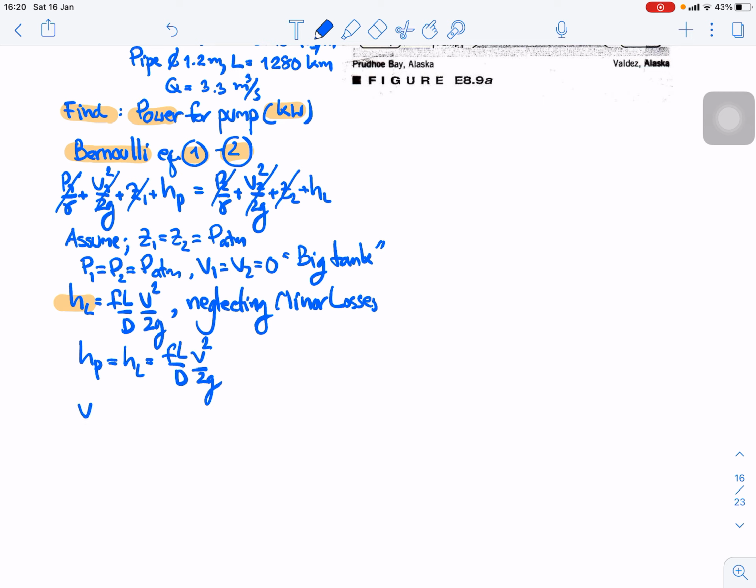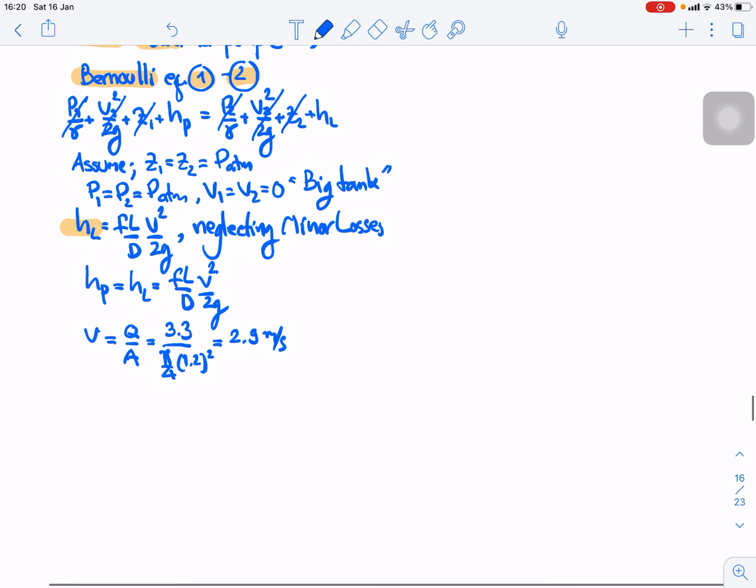Next step, we want to find the velocity and the friction factor. The flow velocity is equal to 2.9 meters per second.